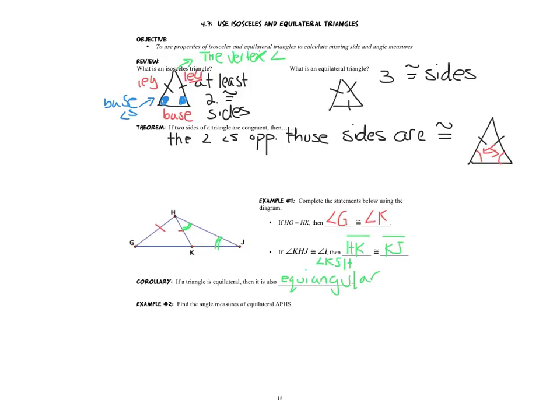All right, example 2 here says, find the angle measures of equilateral triangle PHS. Uh-oh, there's no triangle drawn, so how would I find that? Well, it's quite simple. All of the angles in an equilateral triangle are congruent, so to get each measure, you would do 180 divided by 3, and I could draw the triangle if I want, PHS.